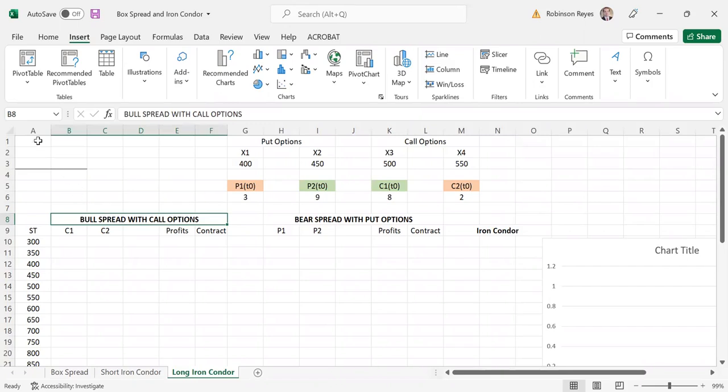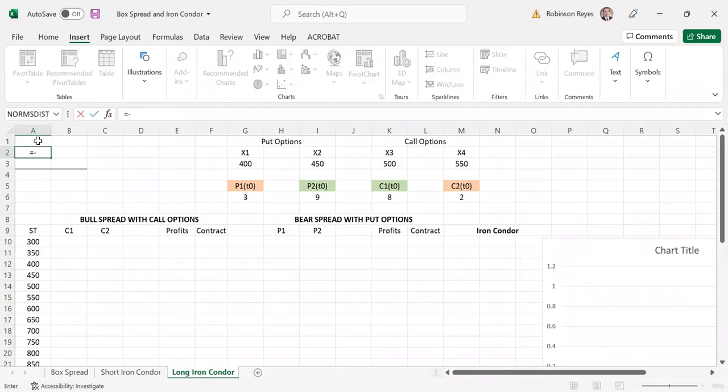Why is it a net long position when we form the iron condor? Well, if we form a bull spread with call options, then in the bull spread we are going to buy the low strike call and sell the high strike call. So we're going to pay in order to buy the low strike call.